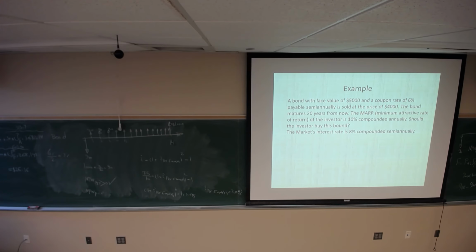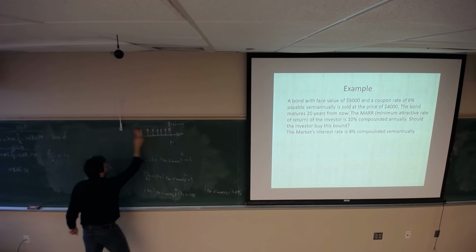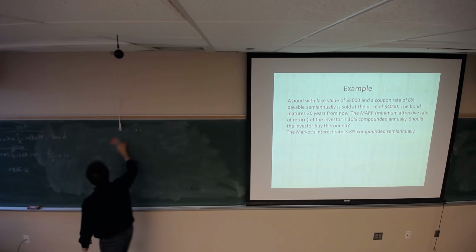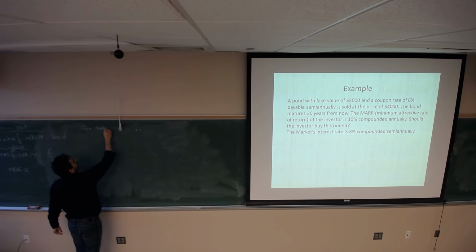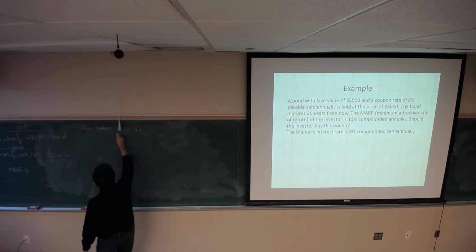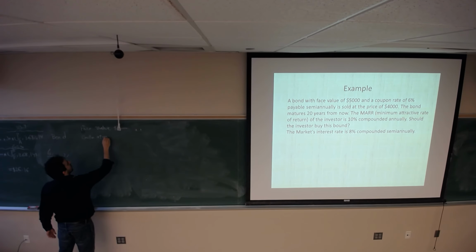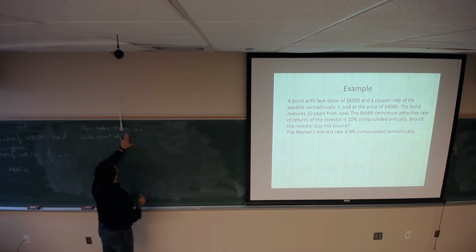There is a bond with a face value of $5,000, which matures in 20 years. The interest rate is 6%, compounded semi-annually.